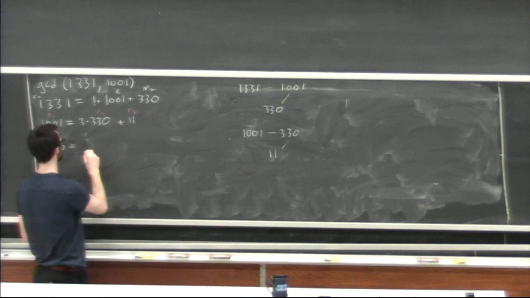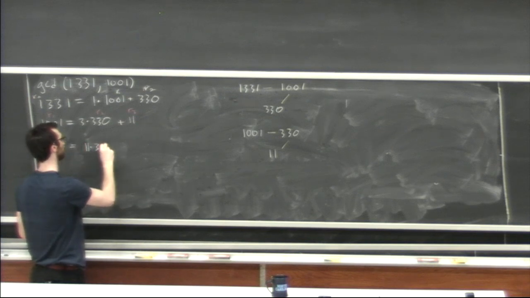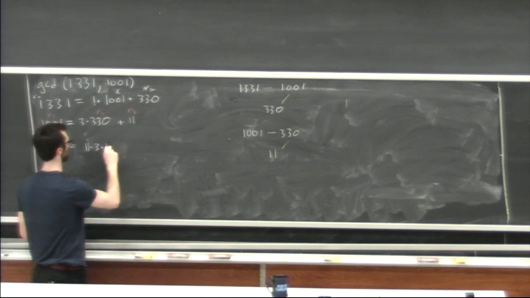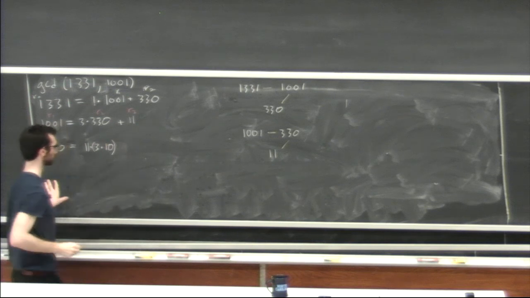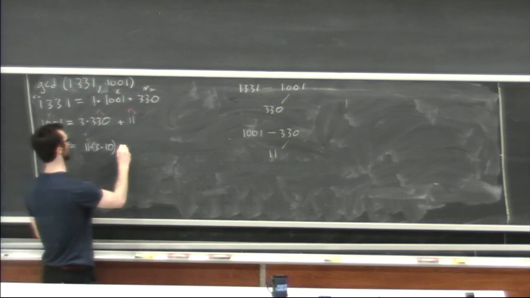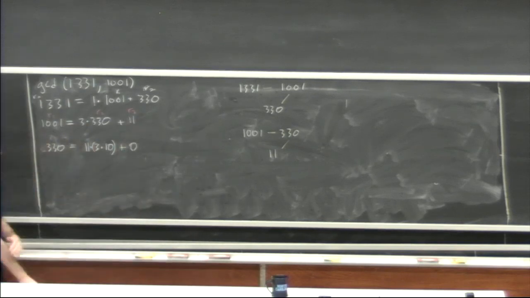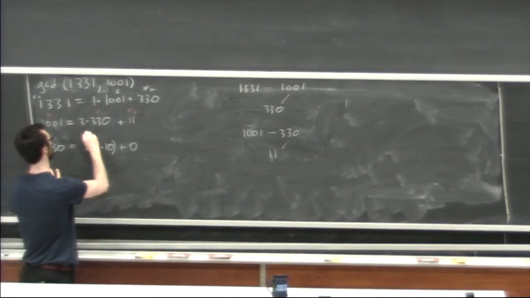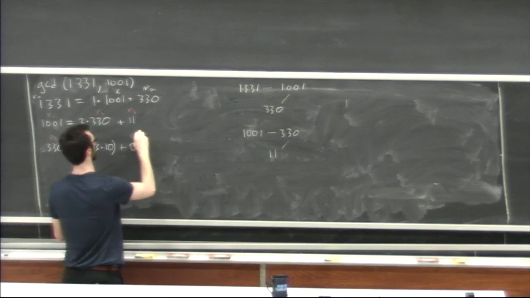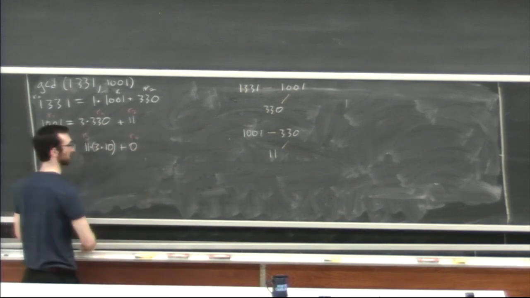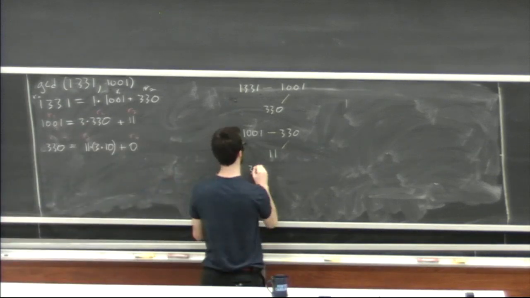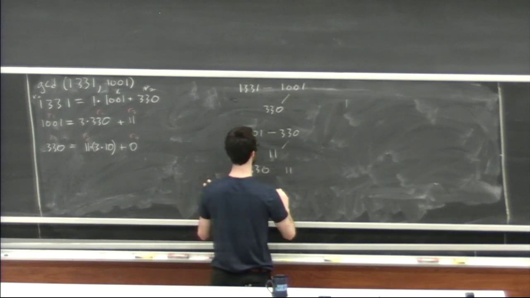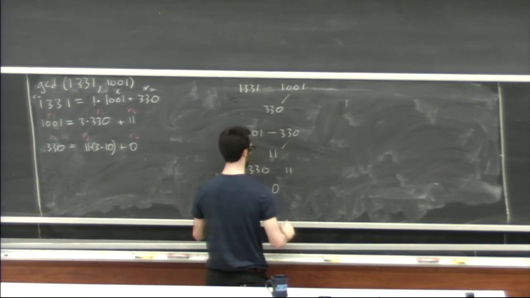So 330 is equal to 11 times 3 times 10. This is my remainder, plus 0. Okay? So this is my R2, this is my R3, and this is my R4, which is 0. So I have another leg of the triangle, 330, 11, and 0.